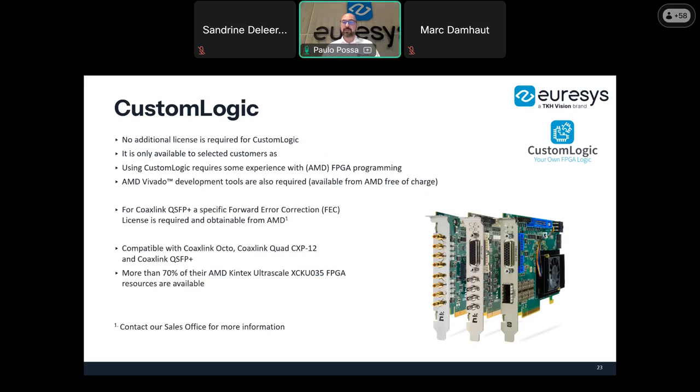With CustomLogic, you can have access to more than 70% of the FPGA resources, and it's currently available on 3 boards: the Coaxlink Octo, Coaxlink Quad CXP12, and Coaxlink QSFP+.